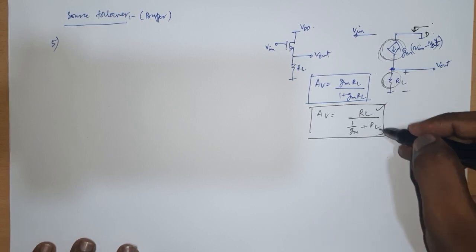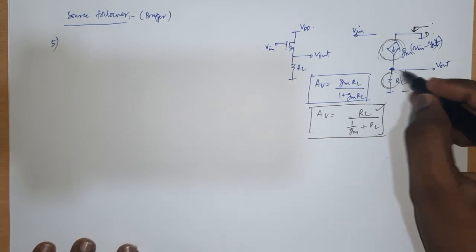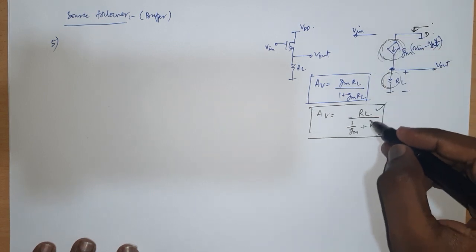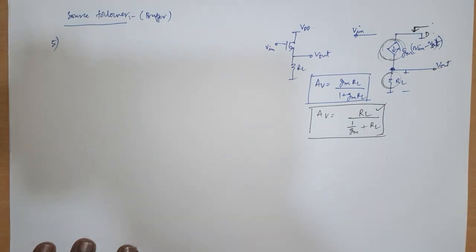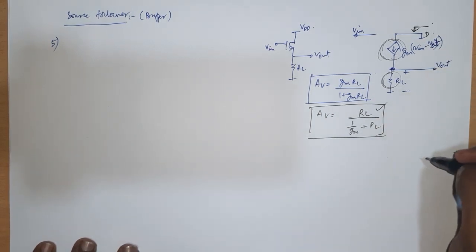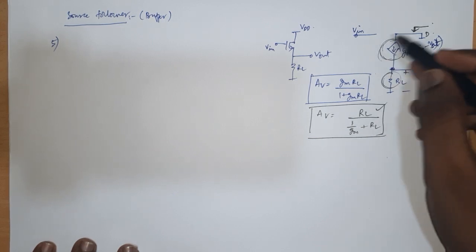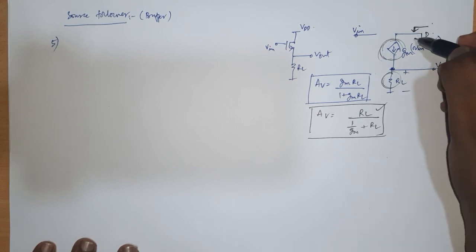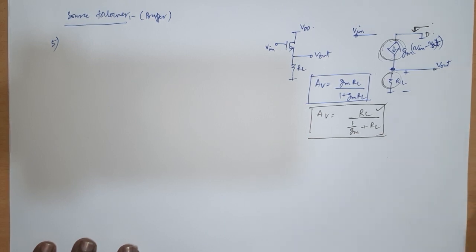RL appears again here because it is the output of the MOS transistor at the source terminal, which is also common to the input. In the previous case you looked into the source terminal and could see only the 1 over GM of the transistor or whatever RS was connected to the source, but now you are looking into the drain, you see 1 over GM of the transistor as well as RL. So you have that in the denominator.